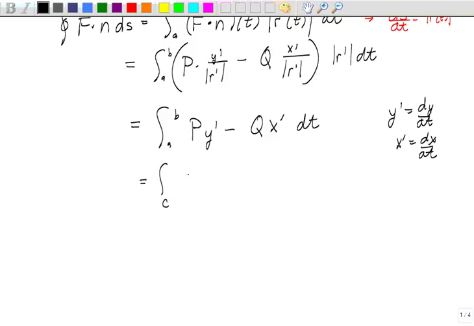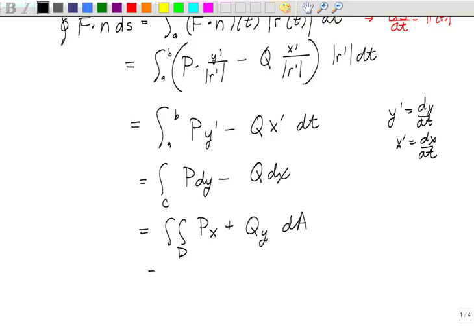the line integral of P dy minus Q dx, and that is, from Green's theorem, the double integral of the partial of P with respect to x plus the partial of Q with respect to y, and that is the divergence of F. So there's another way that we can write Green's theorem.